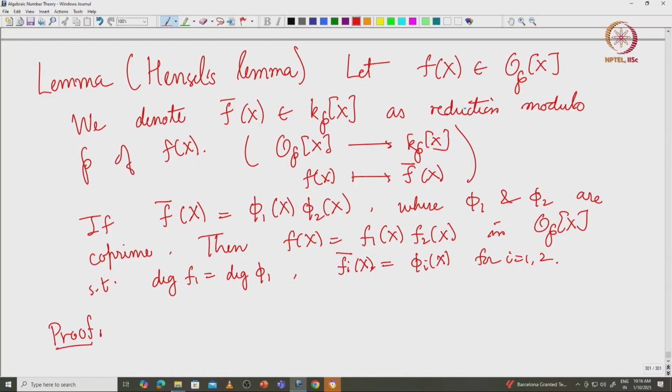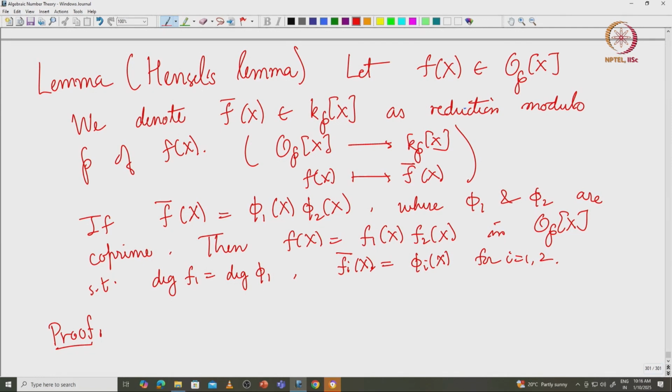Okay. So, what are we going to do? Well, to begin with, again as I said, you have a factorization modulo p. So, you try to get a factorization modulo p square and p cubed and so on, and then you take the limit, right. That is what we are trying to do. Okay.